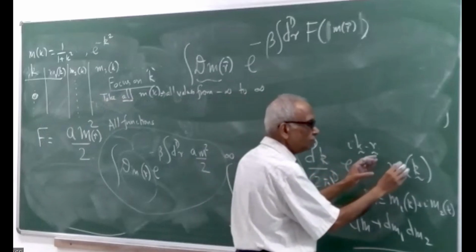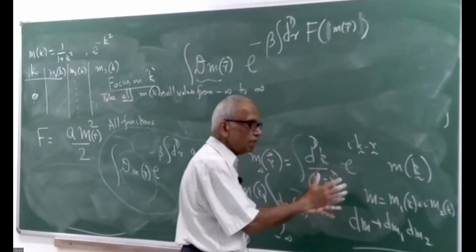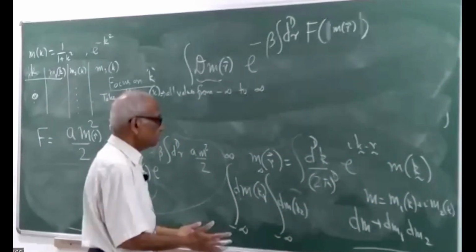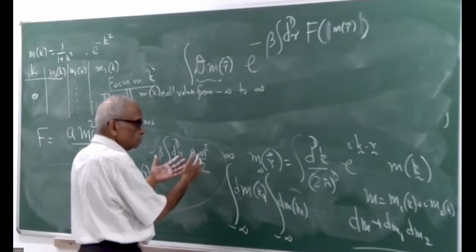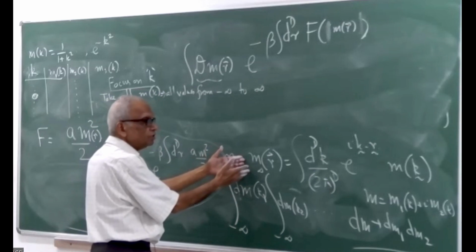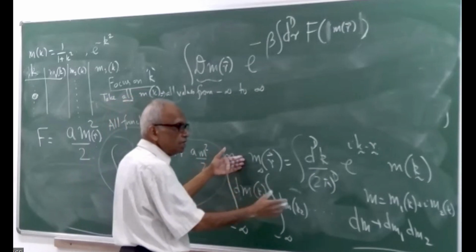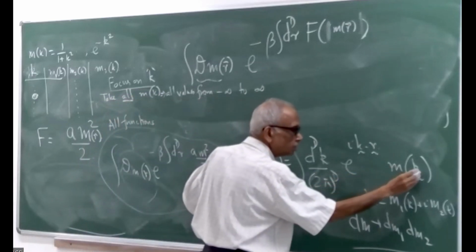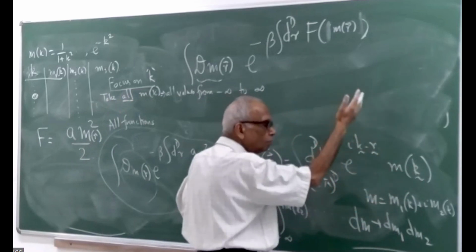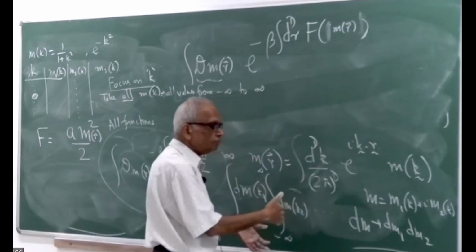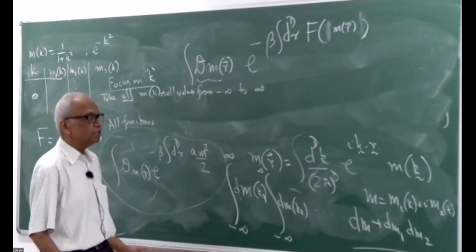I mean, when m of k at a particular value is a number, complex number, but a number. And all the functions of this world are obtained if for that particular k, I can explore all m of k's going from minus infinity to plus infinity.